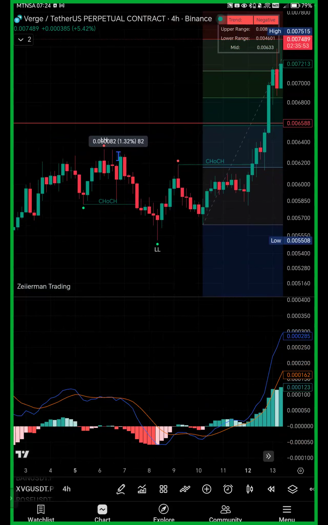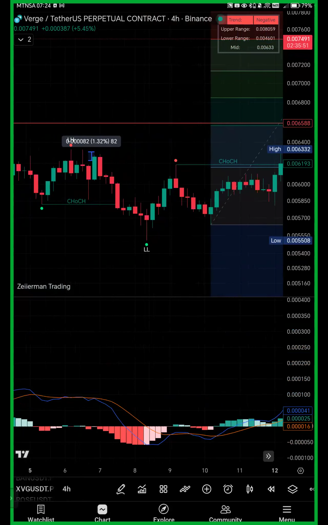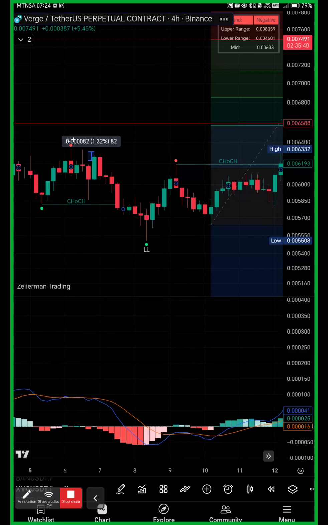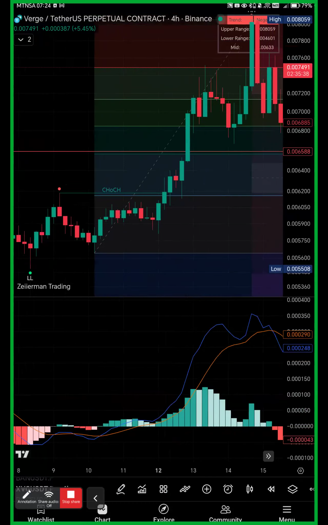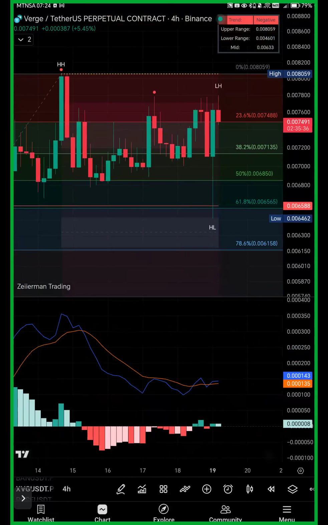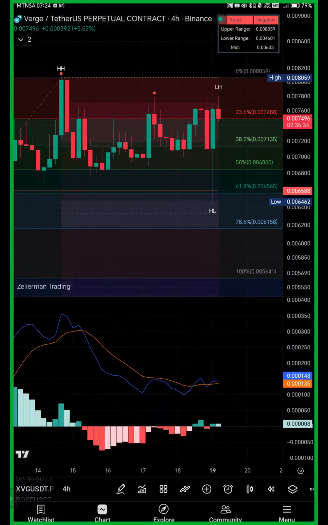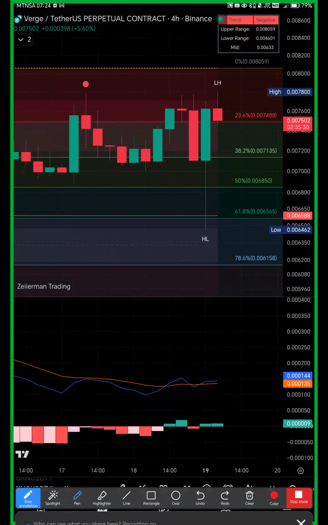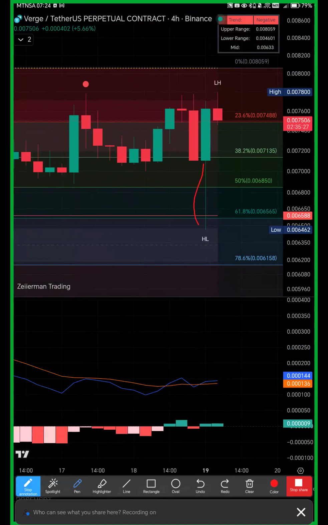So you may see something like this. When I say buyers are rejecting price, can you see the significance of this long shadow in this candle? Even here there is also a long lower shadow. Though the body is big, I just want you to see the significance of this lower shadow.